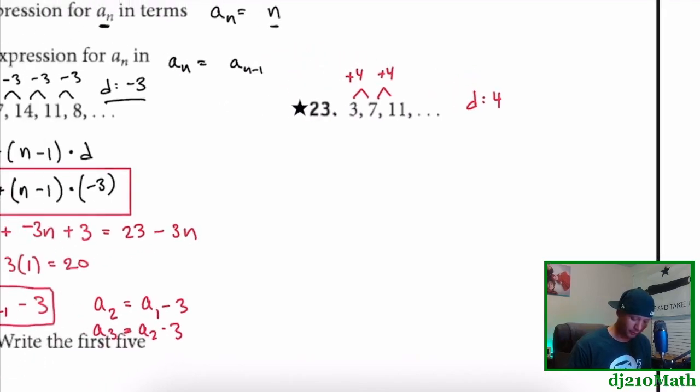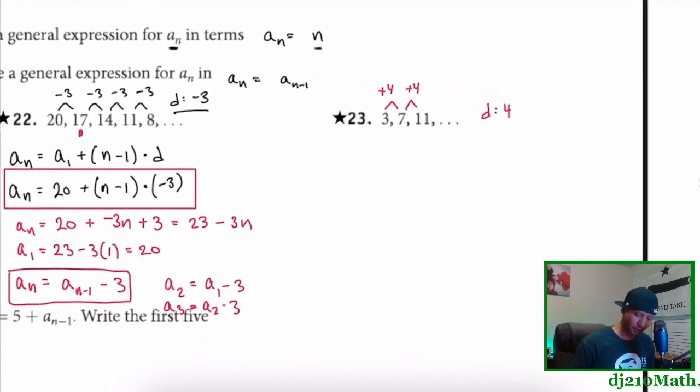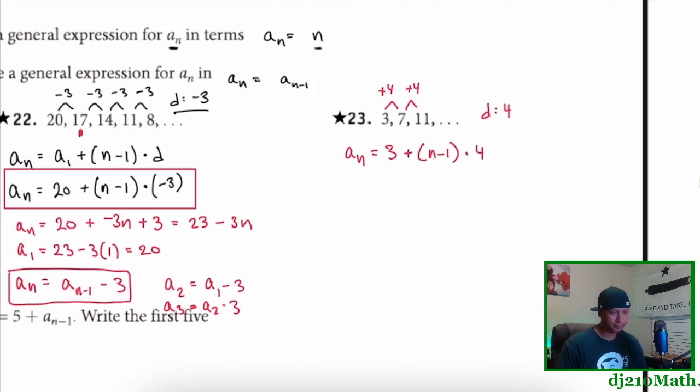All right, using our formula, a sub n is going to be equal to the first term, 3, plus n minus 1 times the common difference of 4. So there it is.